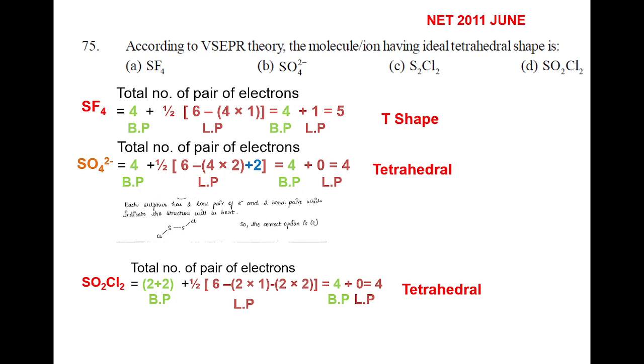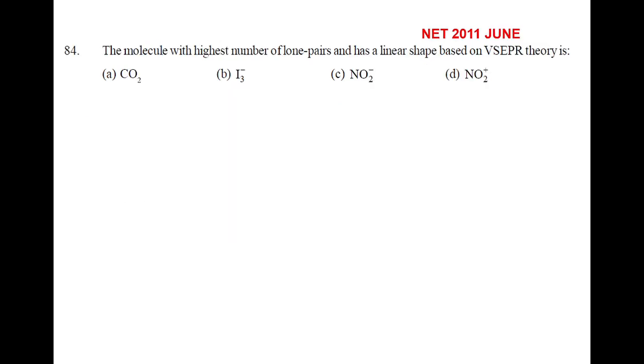In case of SO2Cl2, that is 4 plus 0 tetrahedral, but SO4 2 minus has ideal tetrahedral structure. In SO2Cl2, oxygen is divalent, so we take sulfate 2 minus as regular tetrahedral shape. So answer B is the correct answer.